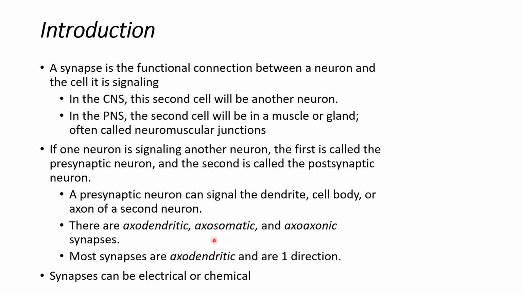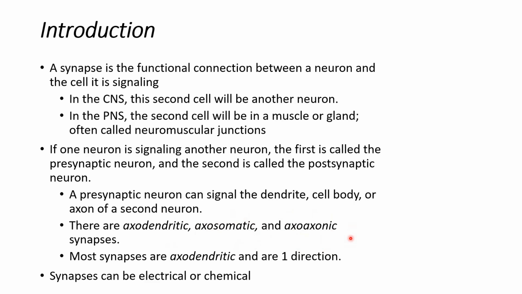And this is where we have different types of synapses. We can have the axon terminal synapsing onto the dendrites, which is the most common synapse. We can have the axon terminal synapsing onto the soma, which is another type of synapse, or we can have the axon terminal synapsing onto the axons.